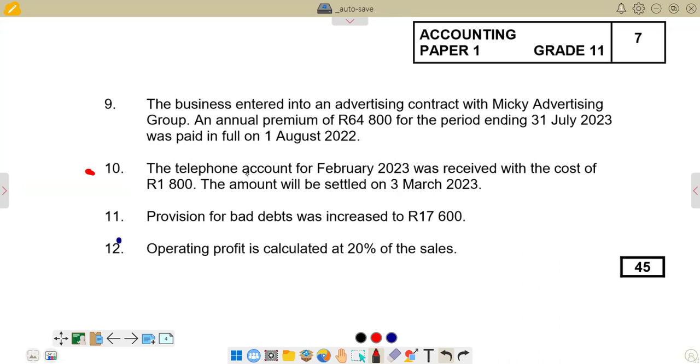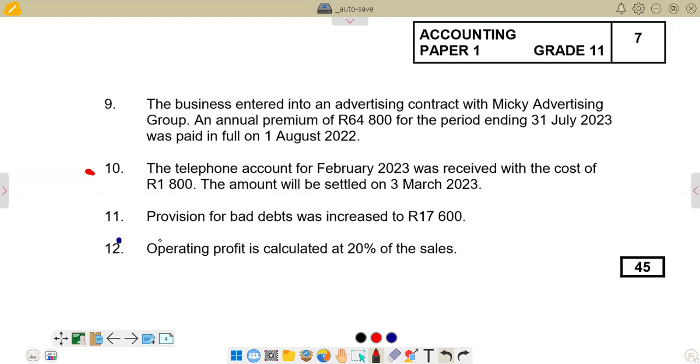So what does it mean? It means inside the amount of telephone that were given in the list of balances, we have got telephone which was supposed to be paid for a period of 1 year, but the amount will be settled on 3 March 2023, which means the amount is not part of the amount that we are given in the list of balances.